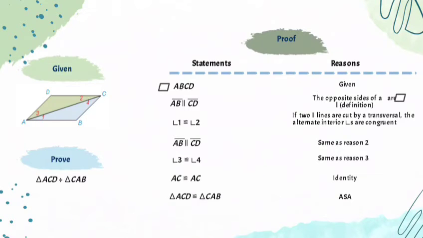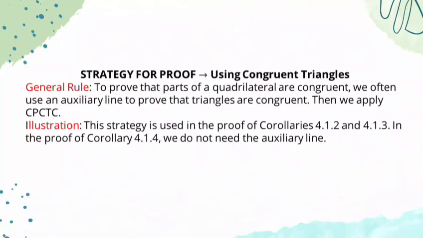The fourth statement: segment AB is parallel to segment CD; same reason as reason 2. Angle 3 is congruent to angle 4, same as reason 3. And segment AC is congruent to segment AC; the reason is identity. The last statement: triangle ACD is congruent to triangle CAB; the reason is ASA.